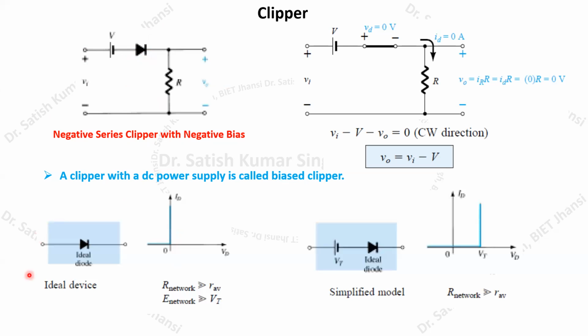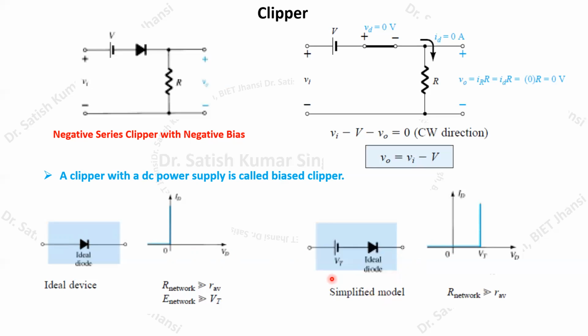Normally you can see this is the ideal diode characteristics that you may have come across while studying diodes. This is the V-I characteristics for the ideal diode, and here we have the simplified model for practical diodes.